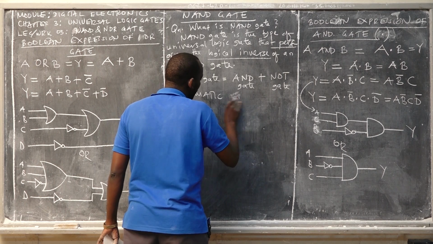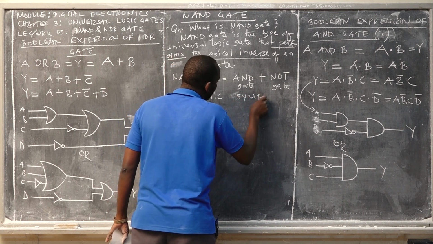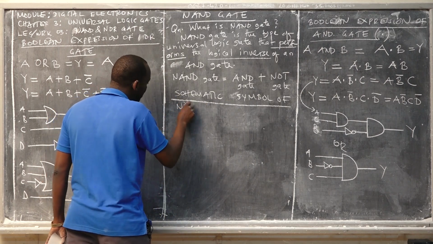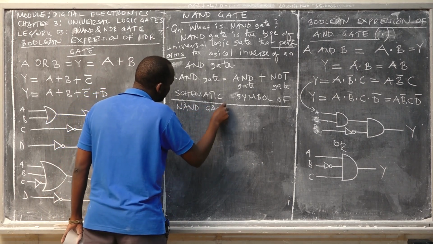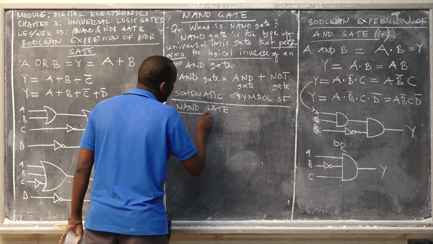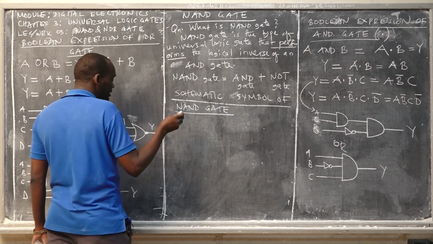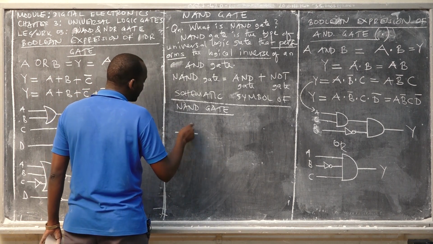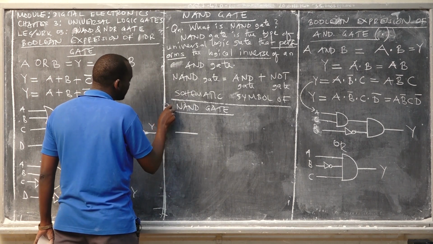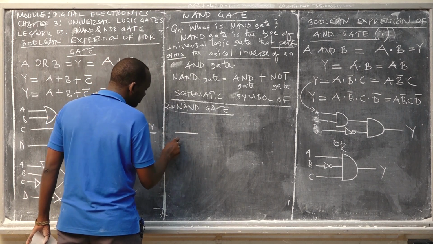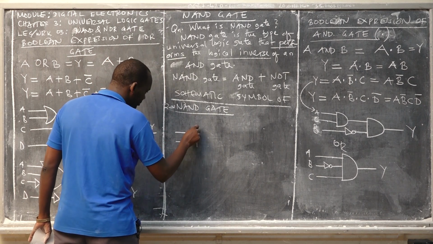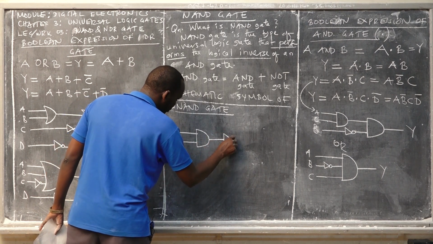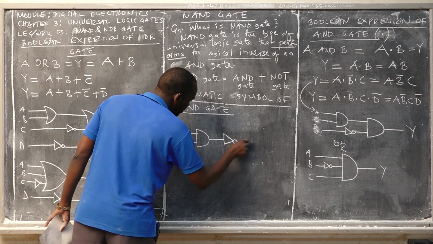Schematic symbol of NAND gate. So this is the schematic symbol of the NAND gate, especially for 2 input NAND gate. So we have the AND gate first, and also we have the NOT gate.